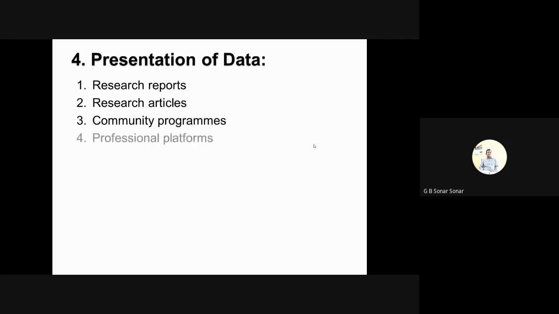And research reports can also be presented at different professional platforms, like conferences, seminars, workshops, symposia. In such platforms, the research data is presented.